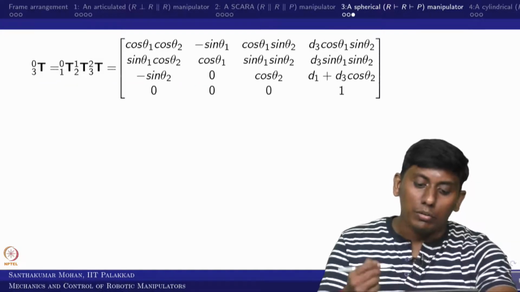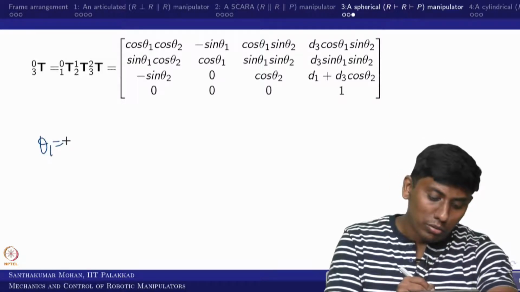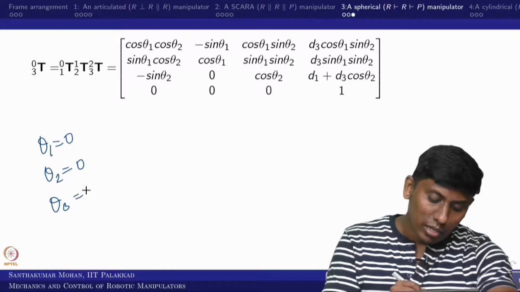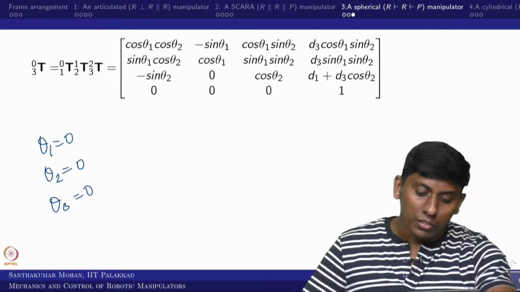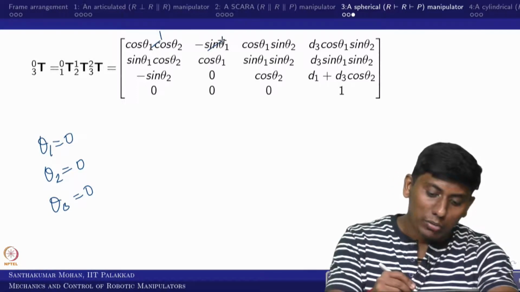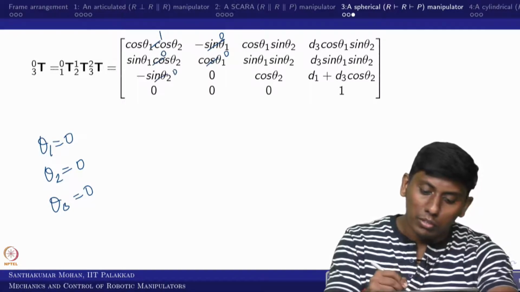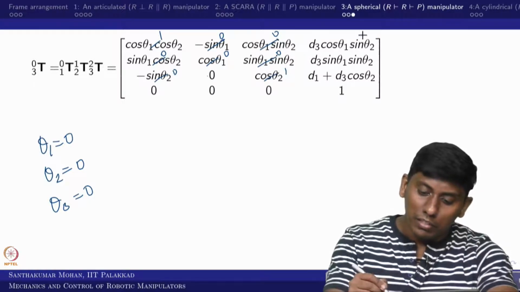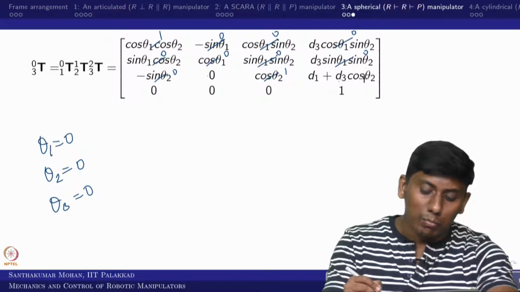Now we can substitute theta 1 equal to 0, theta 2 equal to 0, and theta 3 equal to 0 based on the home position. So this becomes 1, this becomes 0, this becomes 0, this also becomes 0, this is already 0, this combination is 0, this is 1, and this becomes 0, this also becomes 0, and this remains D1 plus D3, right.